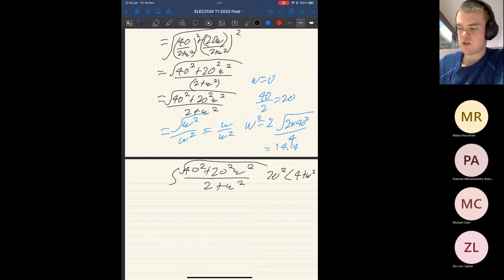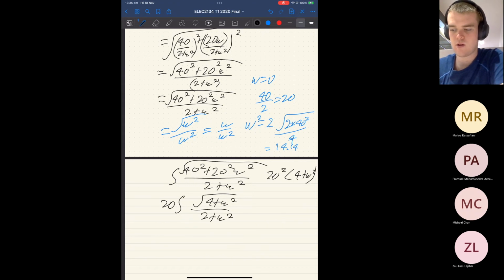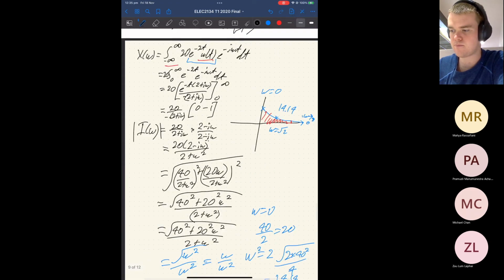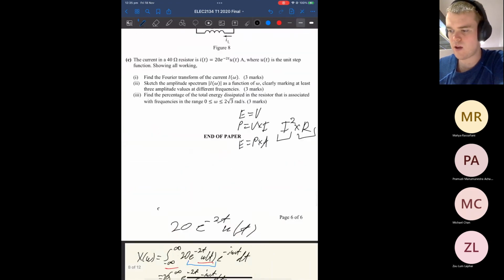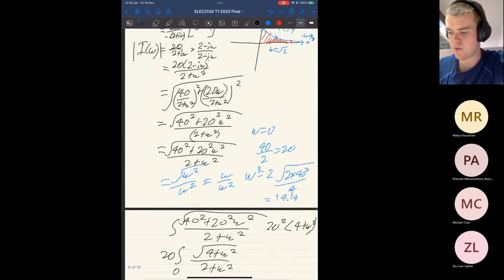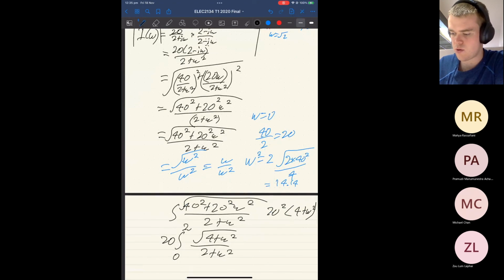Which is nice because then we can take that out and we're just going to have the integral of 20 times the square root of 4 plus omega squared all on 2 plus omega squared. And we're integrating that between 0 and the value they gave us, which is 2 root 3.